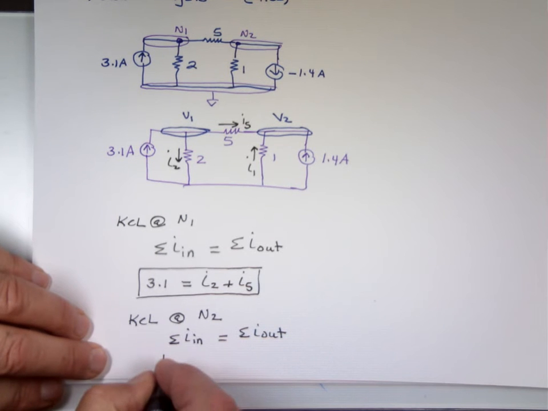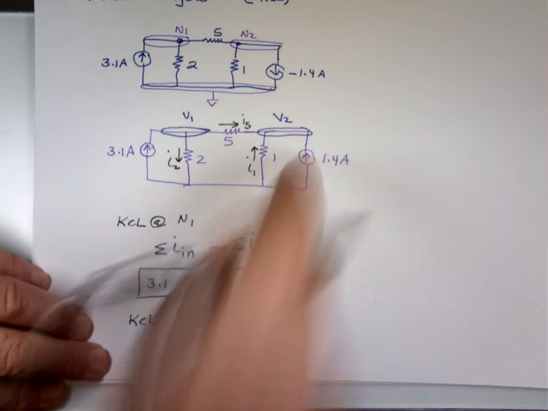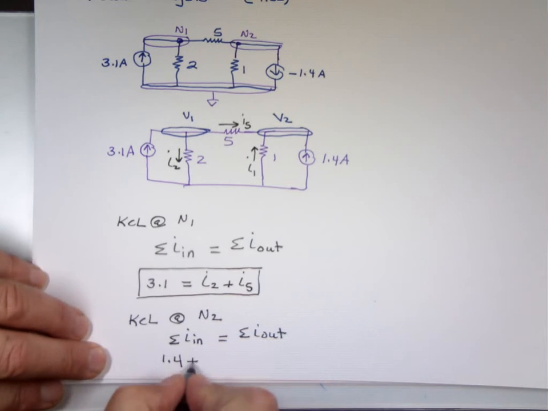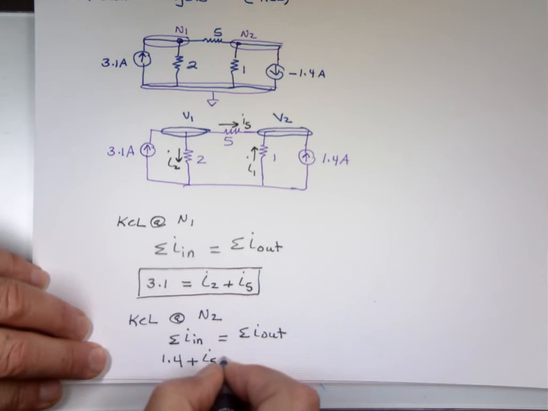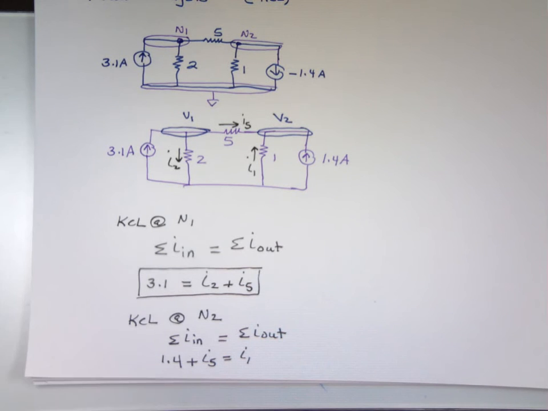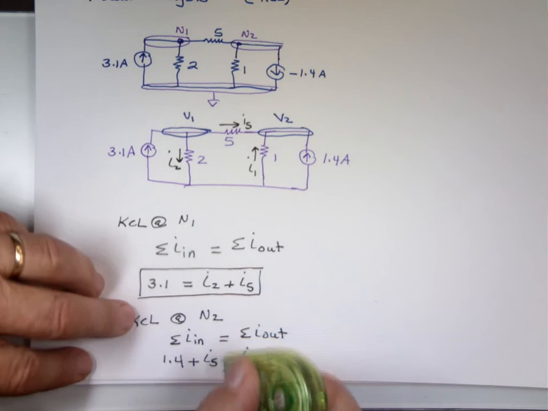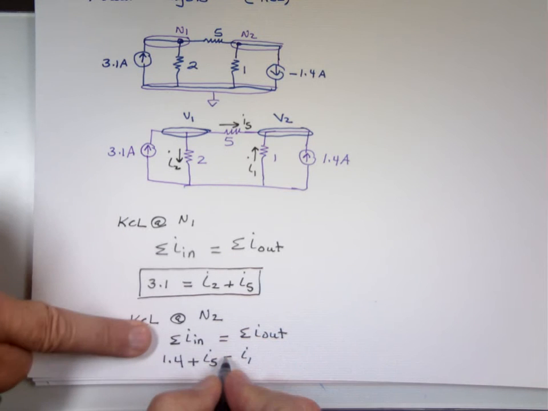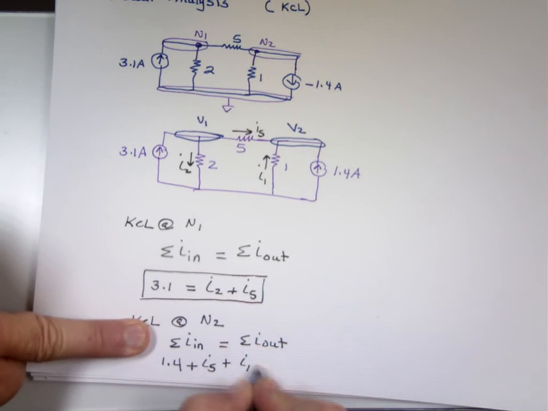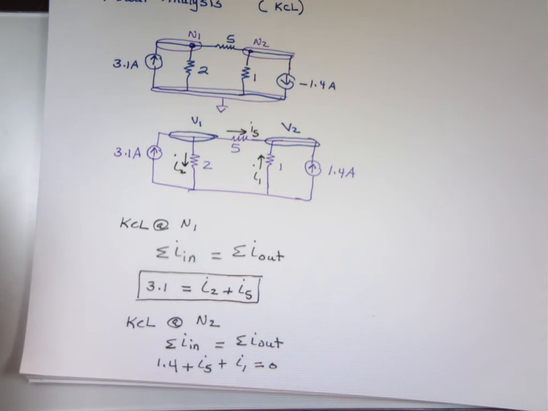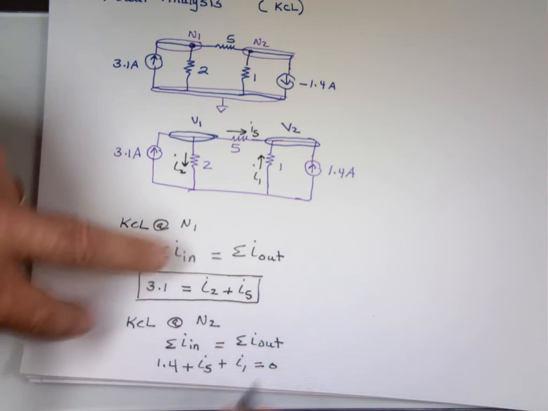I see 1.4 right there. What else going to it? I5. And what's leaving? Nothing. I1. Oh, no, I1 is going in, I defined it. So plus I1, I forgot, I defined it going in, equals what? What's leaving? Nothing. There's my other equation.